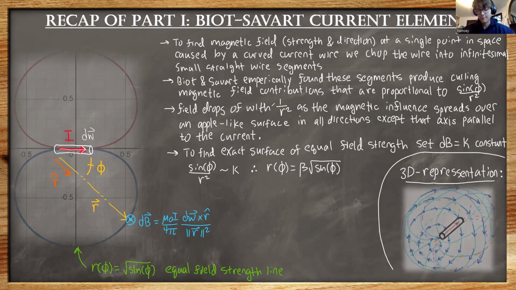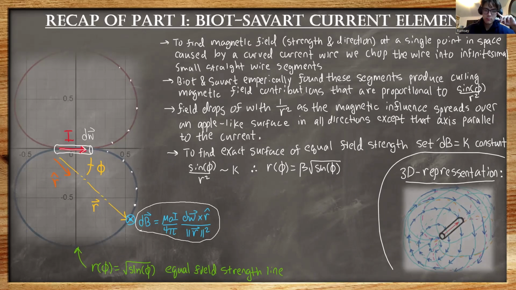So the field still drops off with the Biot-Savart case as 1 over r squared. And the reason is, let me just say, if we wanted to find an exact surface of equal field strength. We've got a dB contribution here given by Biot and Savart. I would like to find all the points in space that have that exact same magnetic field strength.